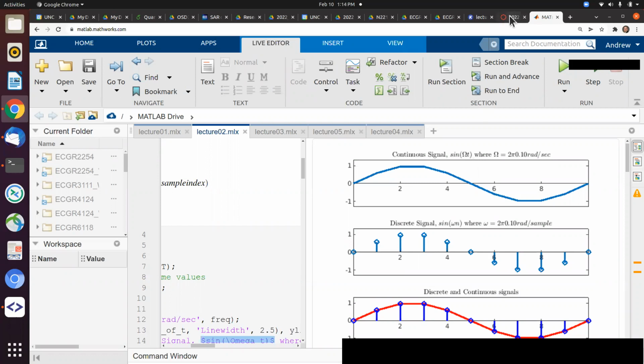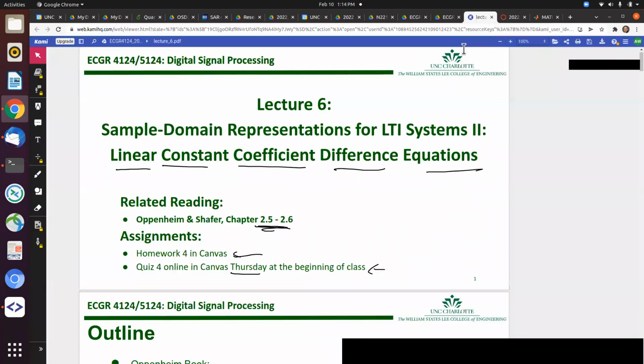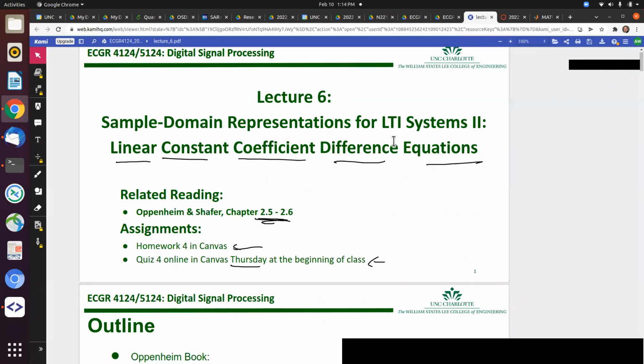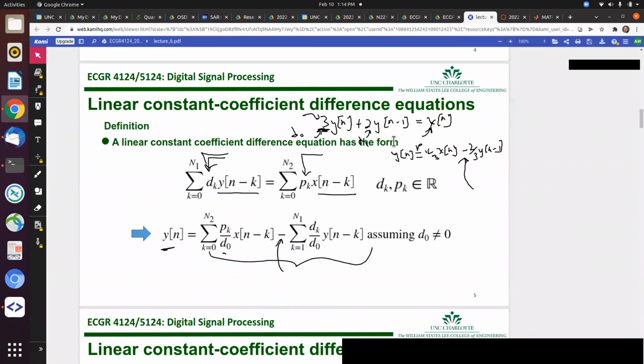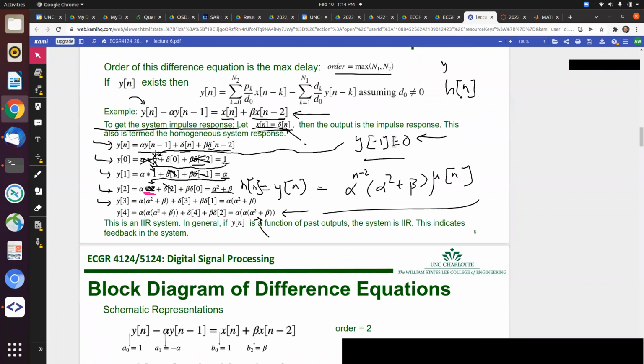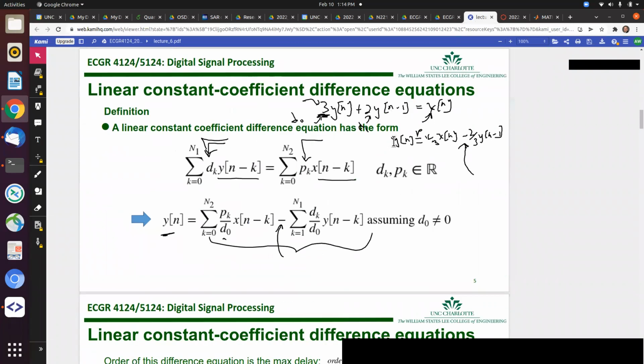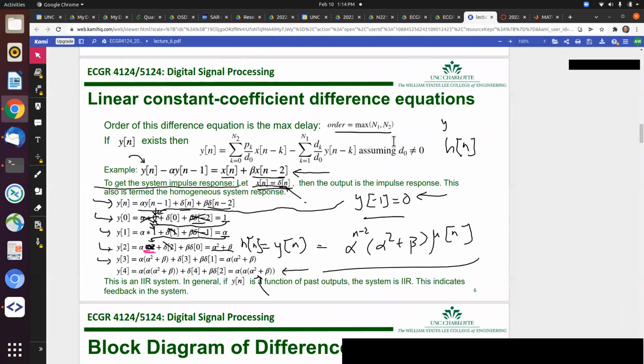Okay. So, again, we're in lecture 6, and in lecture 6, we skipped over a few slides to get at the difference equation stuff, but we'll revisit those intermediate slides. We talked about difference equations, and this is the form of a general difference equation. And then we talked about a specific difference equation, which was this one right here.